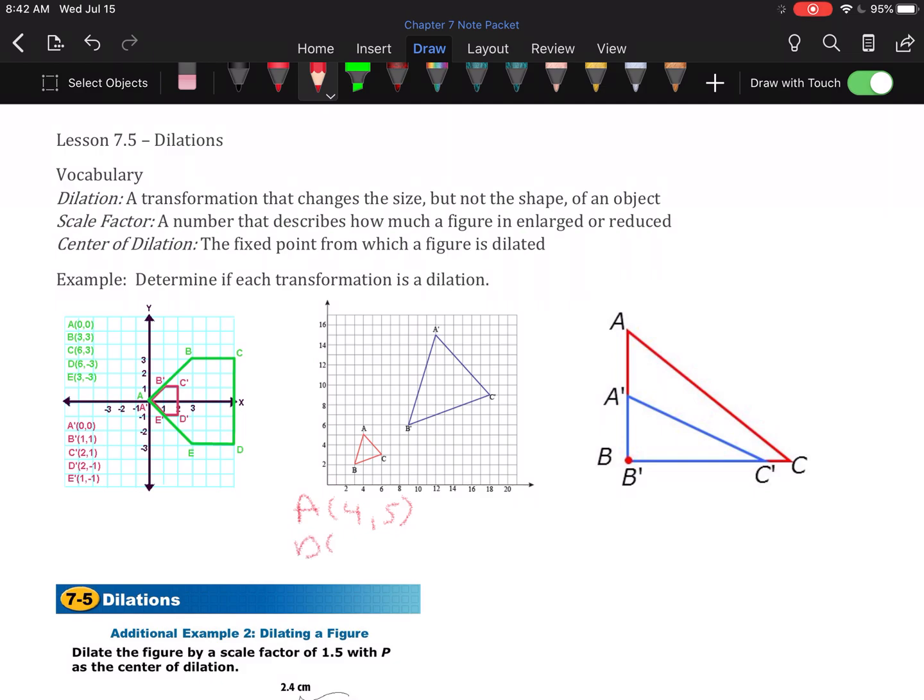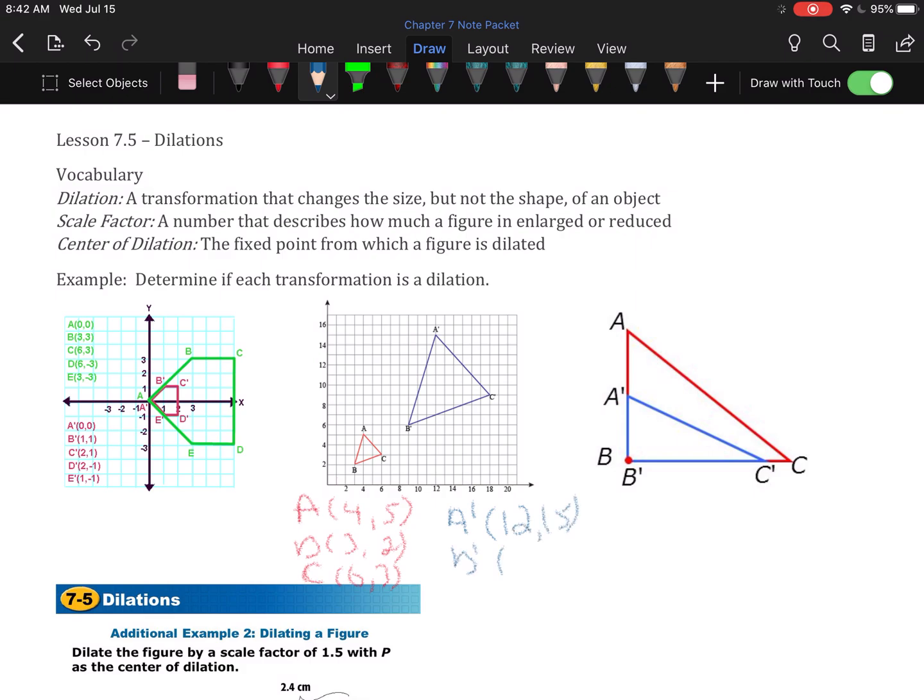B is at 3, 2. And C is at 6, 3. The dilated triangle, A prime, which is way up there, it looks to be at 12, 15.